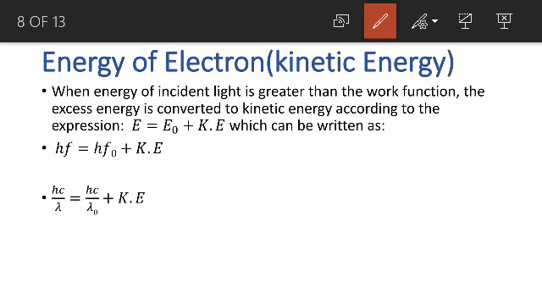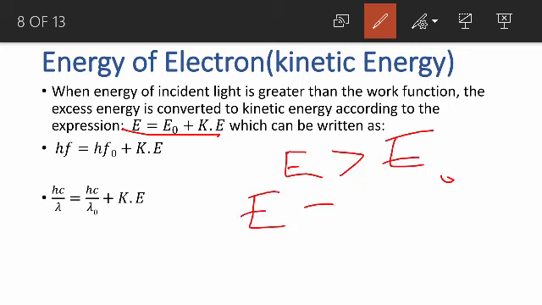Okay, so that leads us to energy of electron. Now, when energy of incident light is greater than the work function, the excess energy is converted to kinetic energy according to the expression. This is only possible whenever the energy is greater than the work function. In that case, your E would be equal to E naught plus the excess. The excess is converted to kinetic energy.